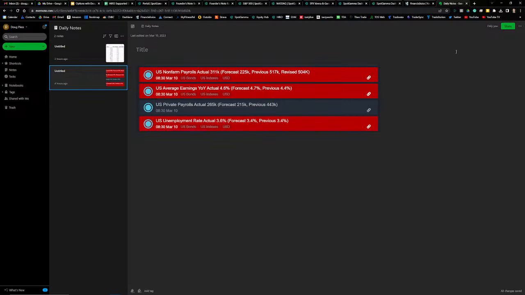So that's the data this morning. Initially, the market had a positive reaction to it and has gradually trended lower since then. So that's the end of the economic data this week.